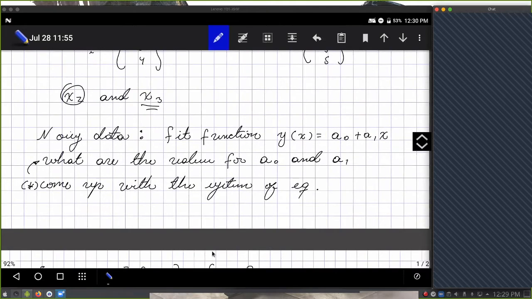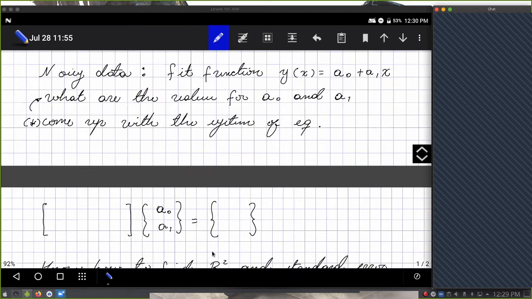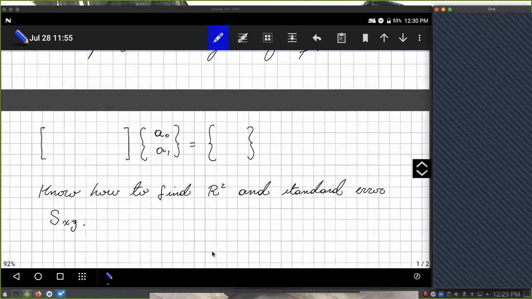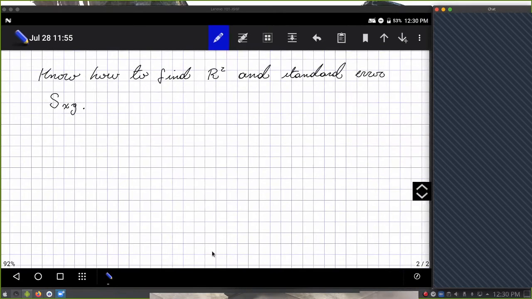Once you get to the noisy data, make sure you know how to find the fit function and solve for the coefficients a sub 0 and a sub 1, and also how to come up with the system of equations. Then you have to find the r square and the standard error. That will be everything for section 1.